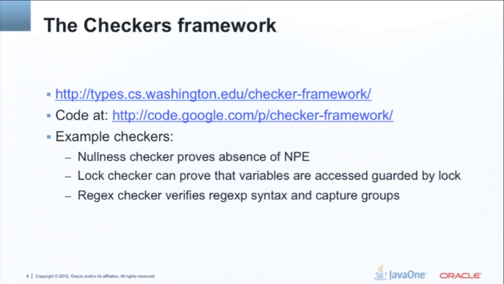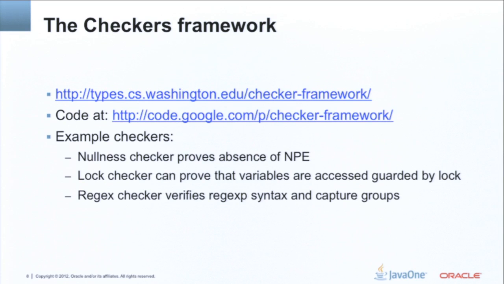There's a lock checker that proves that if you have a variable that's supposed to be guarded by a lock, you only access that variable while holding the lock. So it proves the absence of one type of concurrency issues. That is pretty far from saying that your program is free of concurrency issues, but this is a small step.